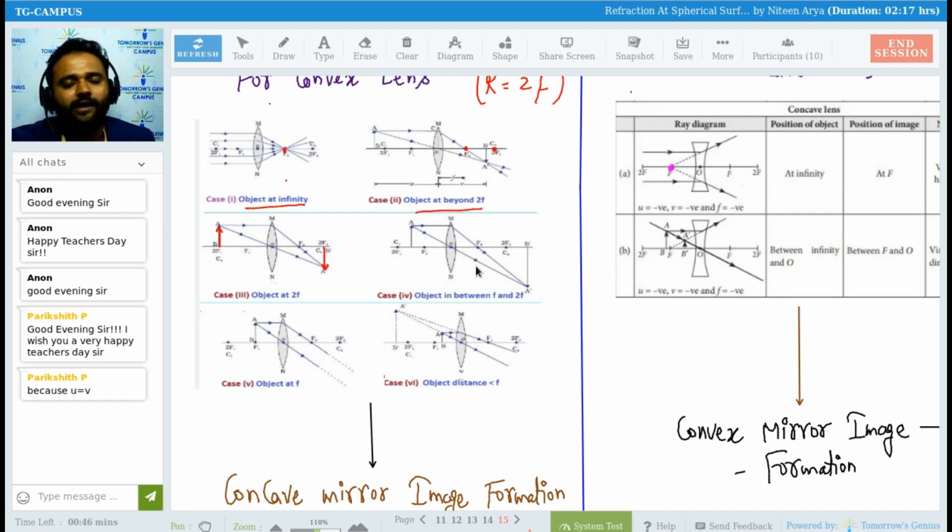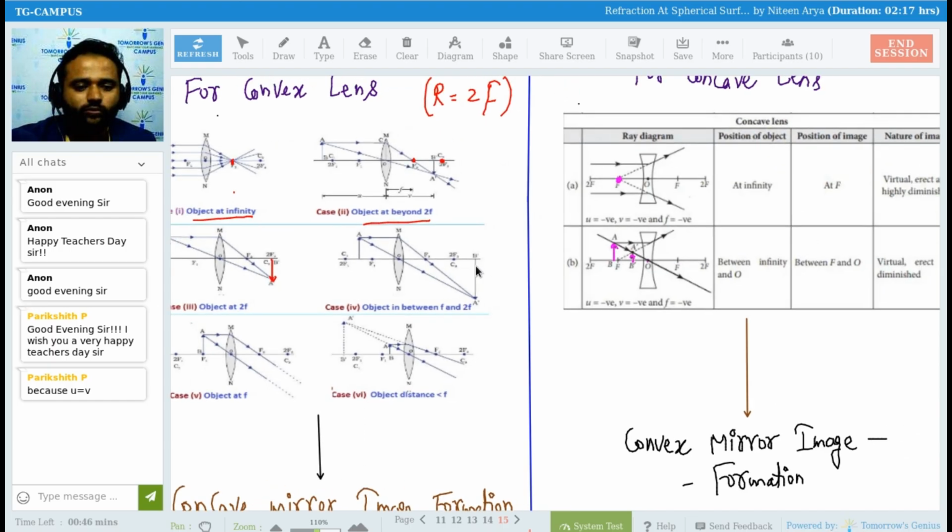If we put an object anywhere in between infinity and this particular point, the optical center O, we can get the image diminished or small, in between focus and optical center. So here we put the object, and here we get the small image. So these are the two cases.